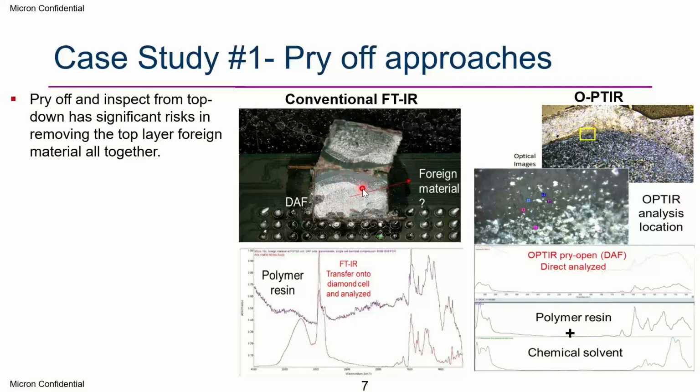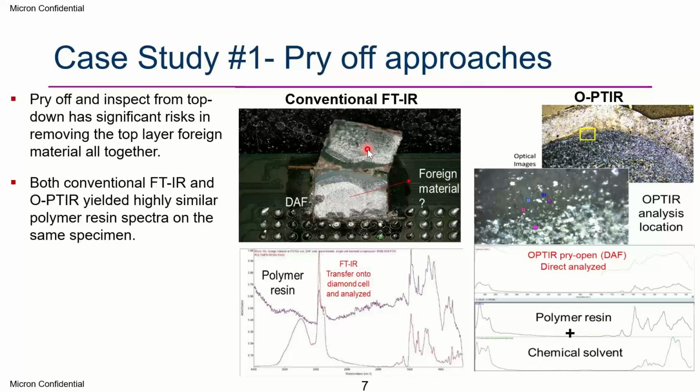Pry open has limitations for failure analysis, because once you pry open, you may have already removed the top layer of the foreign material. So the foreign material of interest that caused the delamination may already be removed during the pry open sample prep. But no matter how, conventional FTIR has a very large area for the analysis, so we need to use the pry open method.